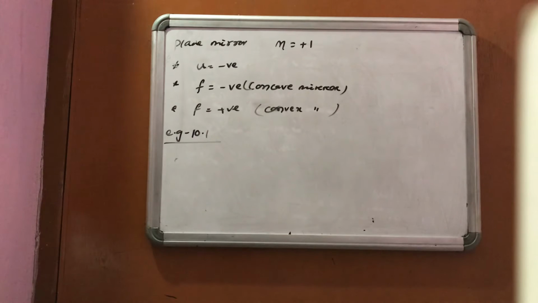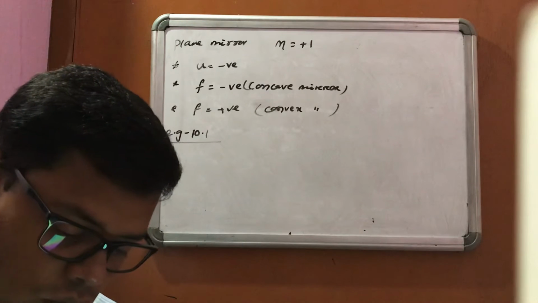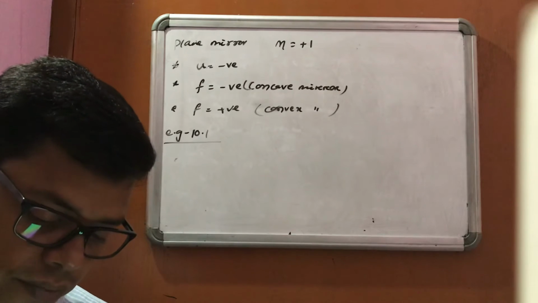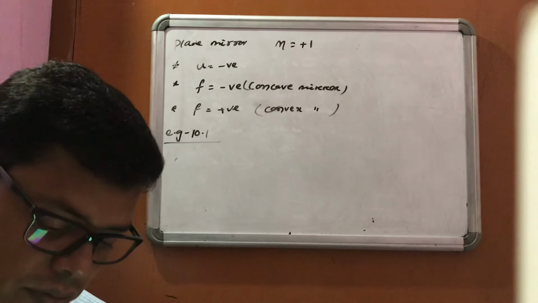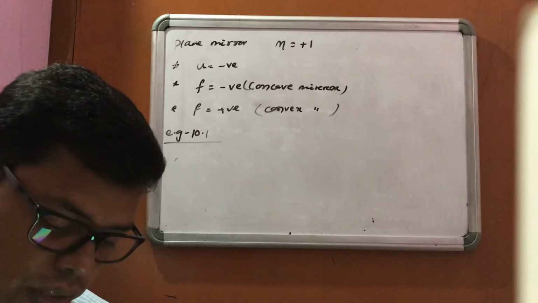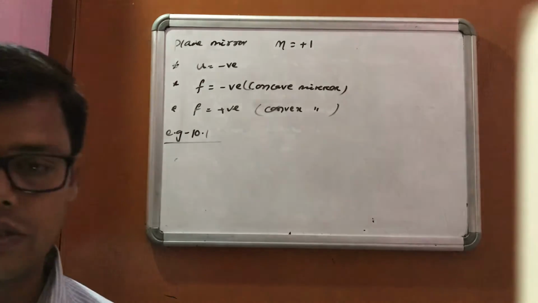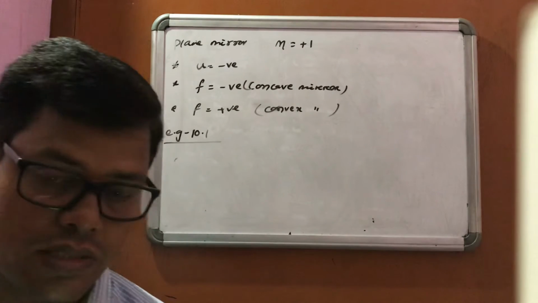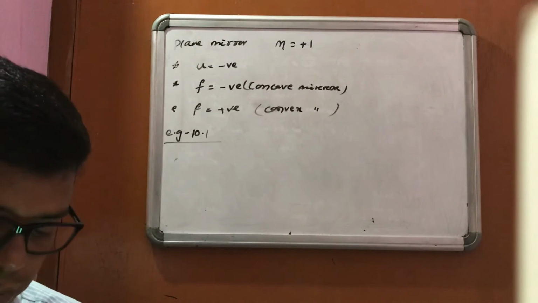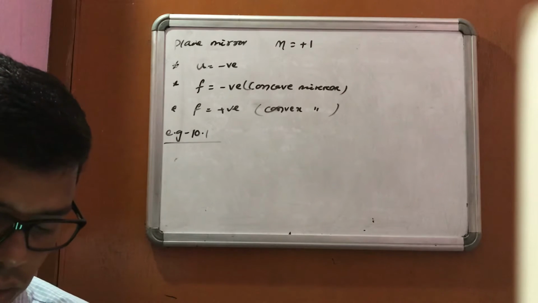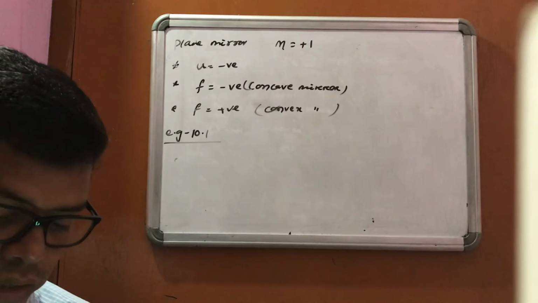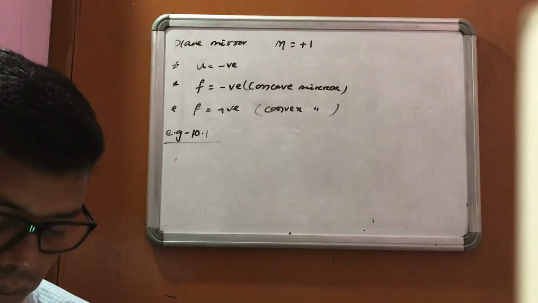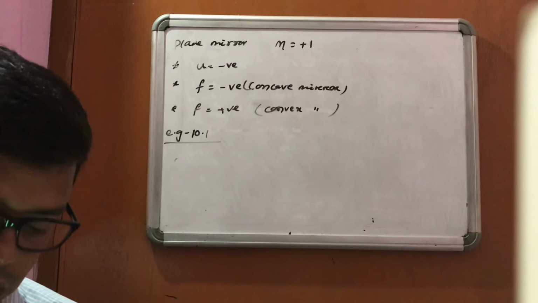A convex mirror used for rear view on an automobile has a radius of curvature of 3 meter. If a bus is located at 5 meters from the mirror, find the position, nature and size of the image. At least read the question 2 times. A convex mirror used for rear view on an automobile has a radius of curvature of 3 meter. If a bus is located at 5 meter from the mirror, find the position, nature and size of the image.